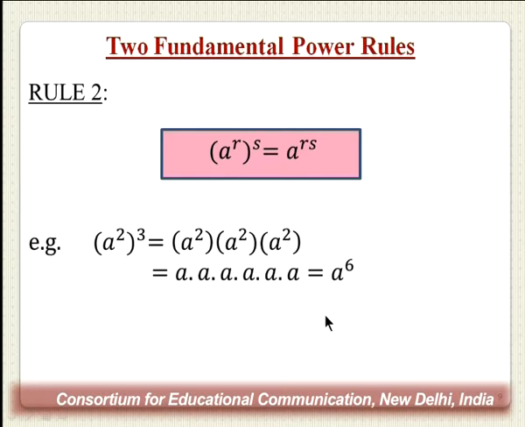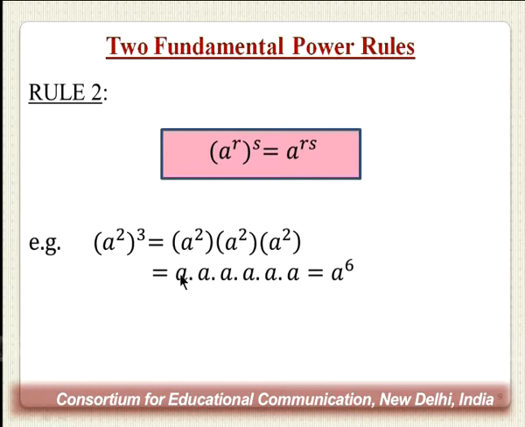Let's look at the second rule now. This is saying that a to the power r, the whole thing to the power s, is a to the power r times s. Let's take an example to see how this rule works. Again, if I take r to be equal to 2 and s to be equal to 3, this is saying I would want to take the third power of a squared. So that is nothing but a squared multiplied by itself 3 times.